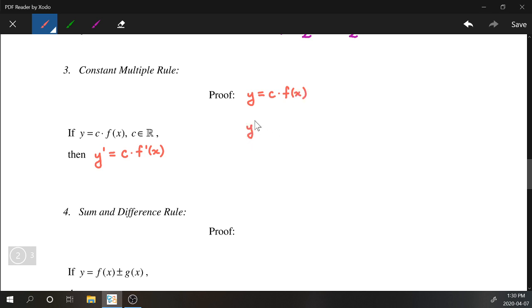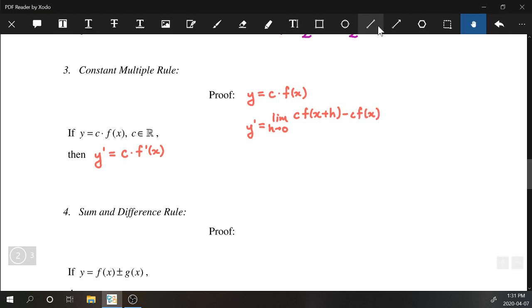So the derivative, of course, will be the limit as h approaches 0. And then you will have, of course, c times f of x plus h, then minus c f of x, all over h.